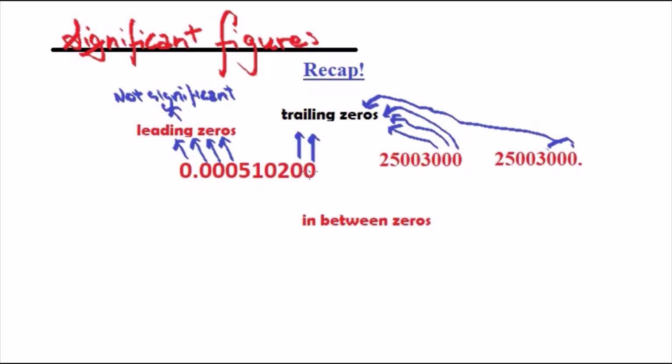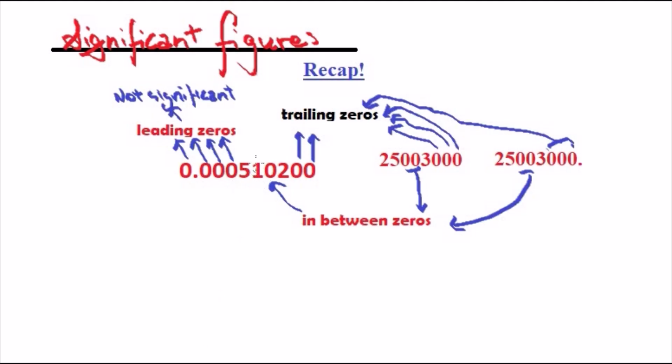Yes, these are significant because they're to the right of a decimal point. These trailing zeros are not significant. Why aren't they significant? Because they are at the end of a whole number without a decimal point. And in this case, these trailing zeros are significant because they are at the end of a whole number with a decimal point at the end. And looking at our in-between zeros, they're all significant.